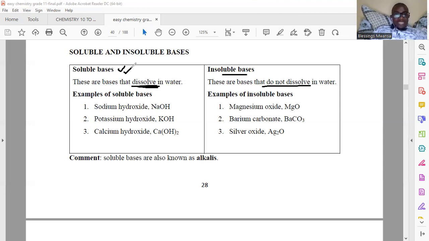A base that is capable of dissolving is known as an alkali.